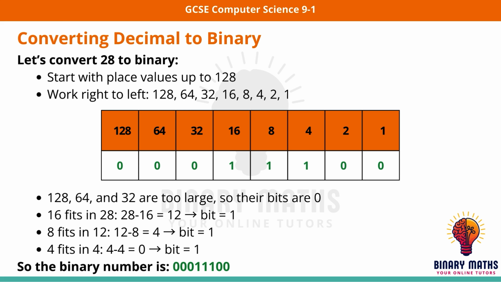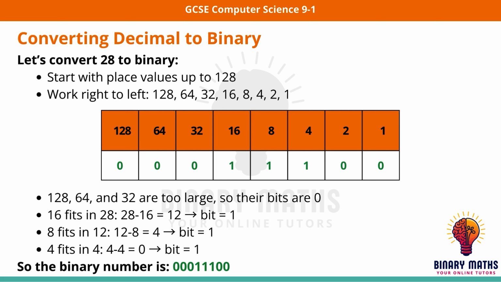Let's say you want to turn the number 28 into binary. Start with the largest binary place value less than 28. So in this example, it will be 16. 28 minus 16 is 12. So the bit for 16 equals 1. Next, 8 fits in 12. 12 minus 8 equals 4.